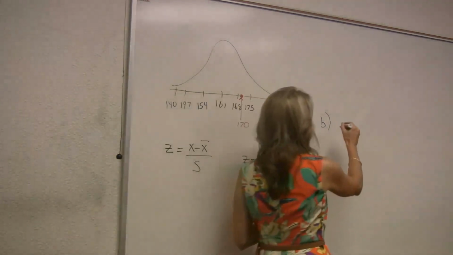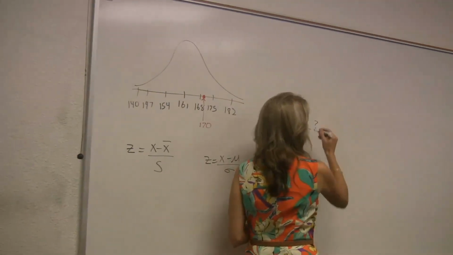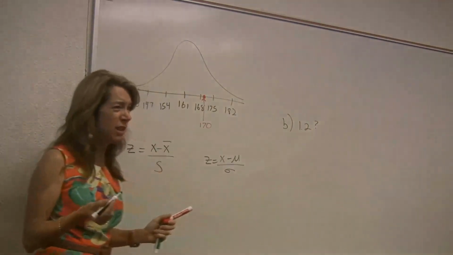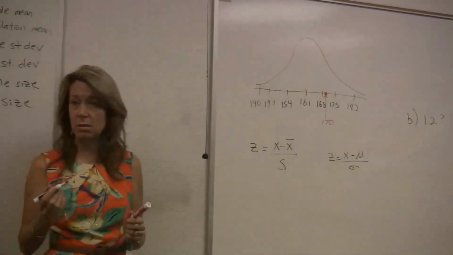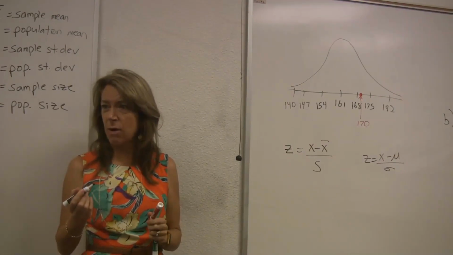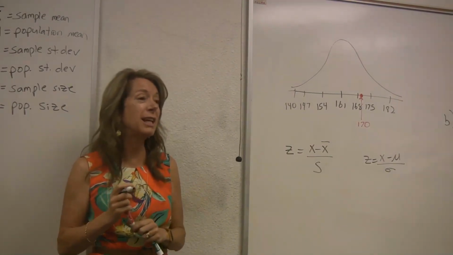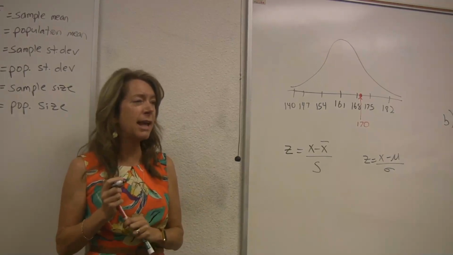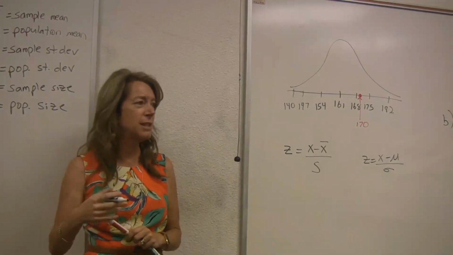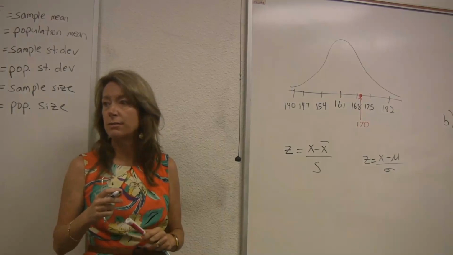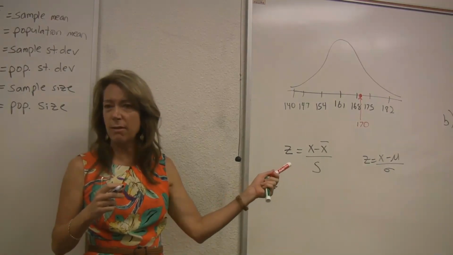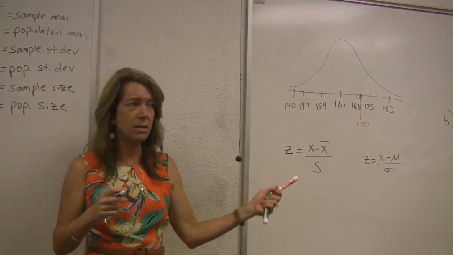So maybe 1.2-ish. All we can do is visually estimate if we have the picture. That's our answer for a guess. We're going to get the actual answer in a second. I like to talk about it first so that you understand what the z-score formula does. Are we all right with where I got 1.2 and what it represents?